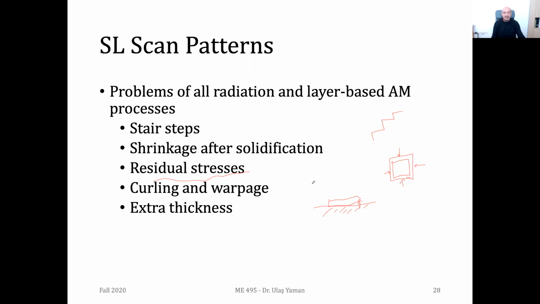So that's why they are highly important. Another issue, if you do not set these parameters properly, your layer might be thicker than expected. So in summary, you should be careful about these parameters.